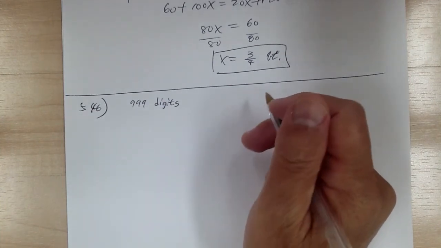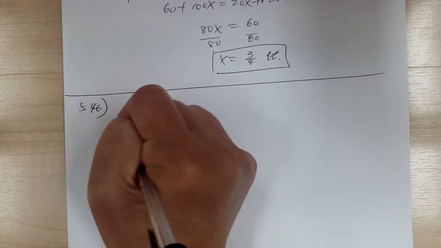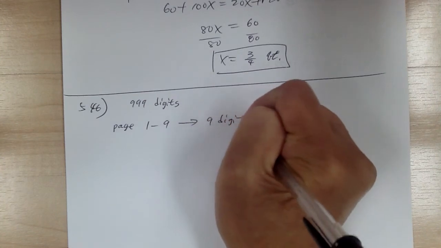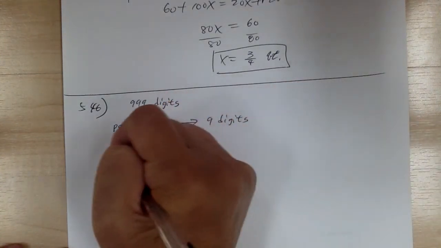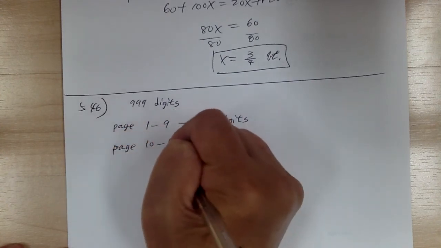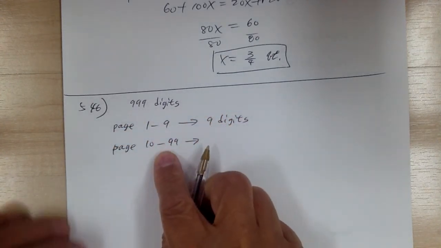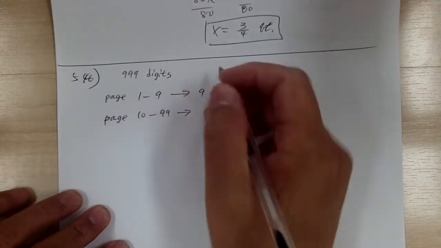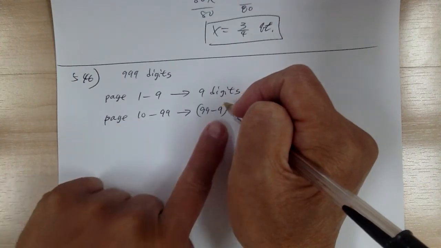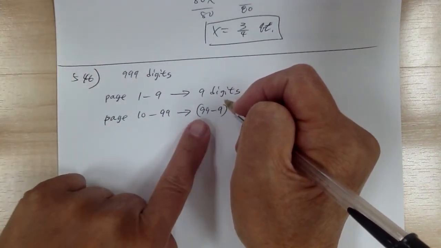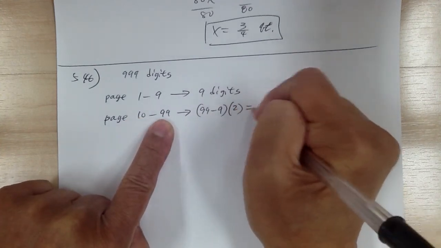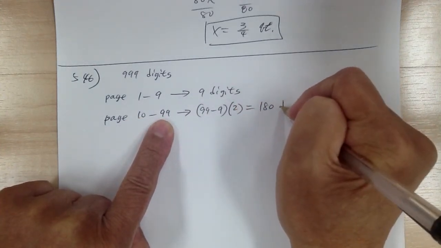Pages 1 through 9 will use 9 digits, and this is a single digit. Pages 10 through 99, the number of pages would be 99 minus 9, because we start with 10, so you have to subtract what is not there. Each page will use 2 digits, so this will use up 180 digits.